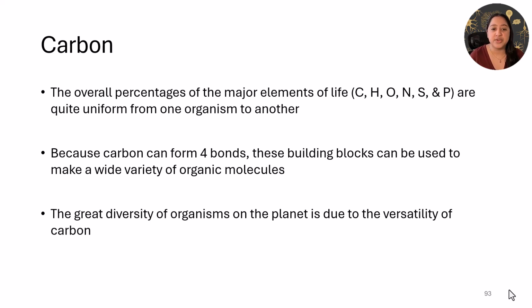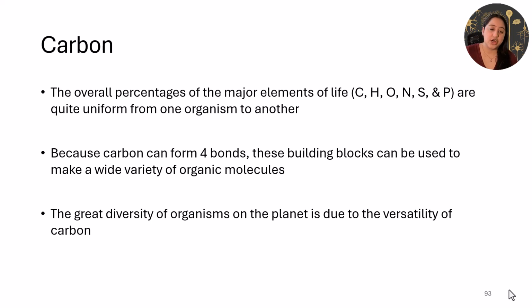They're all quite uniform from one organism to another, so the ratio of each of these is pretty consistent in different organisms. And it's for a reason. The way that these atoms can form different molecules is really important to life. So just like water is important, so is carbon.